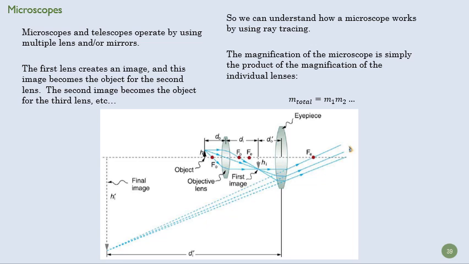If we ray trace this, and we want to figure out what's hitting this person's eye, we're going to get a virtual image here that is magnified. This is not inverted because remember this one was already inverted, but we get a much larger image right here.